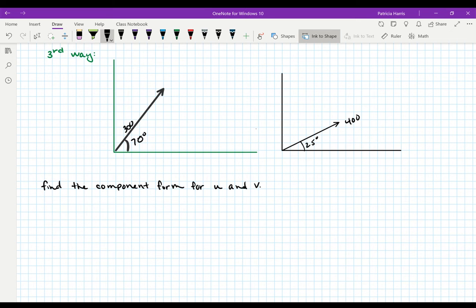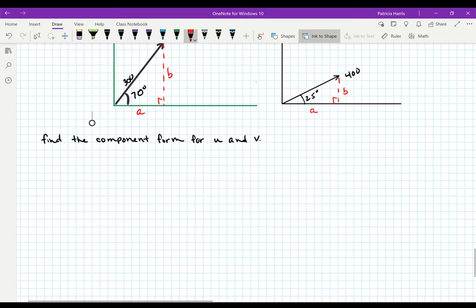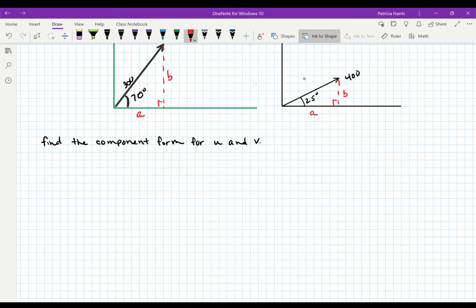Okay, so what we're going to do is draw a triangle. Remember, when we find the component form of a vector, we're finding the horizontal component and the vertical component. So your horizontal component is your a, and your vertical component is your b.